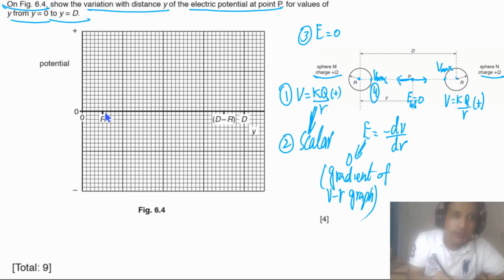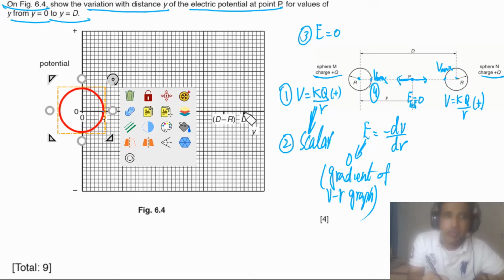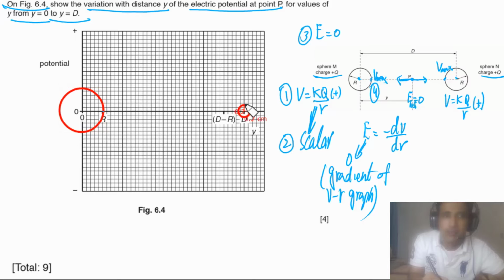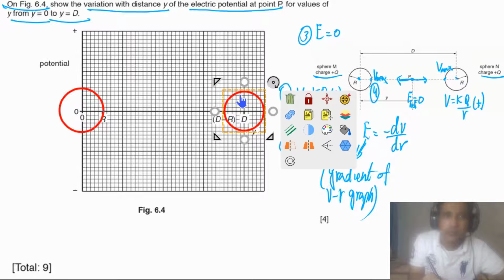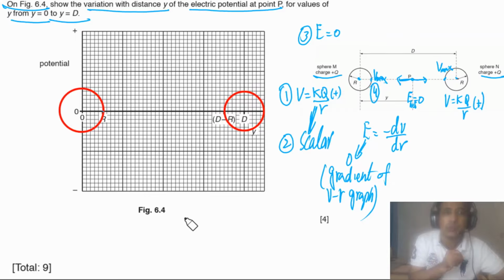So here we have a sphere, so we can draw these two small spheres. We can draw one sphere here, and for the other sphere, the center is here. So we have these two spheres. The value of potential at this point will be maximum. Let me use a different color.